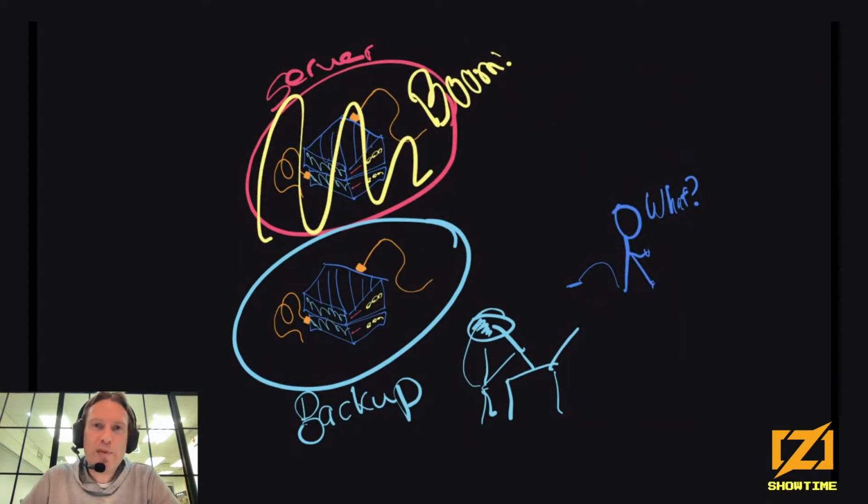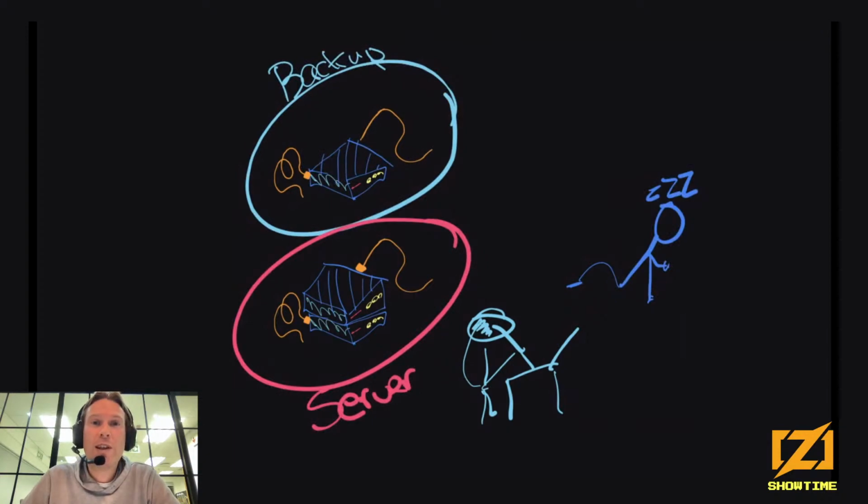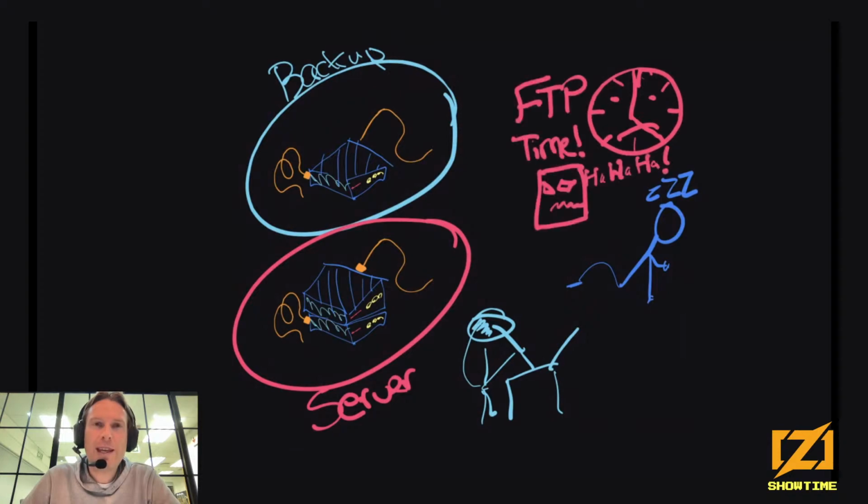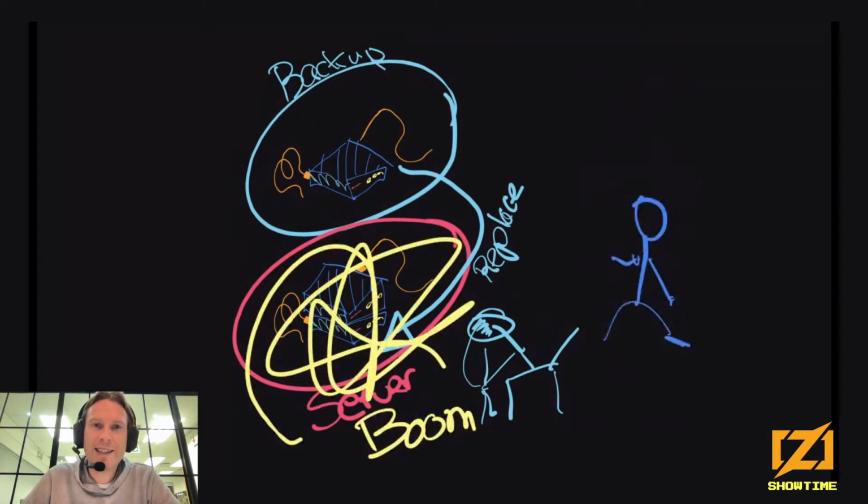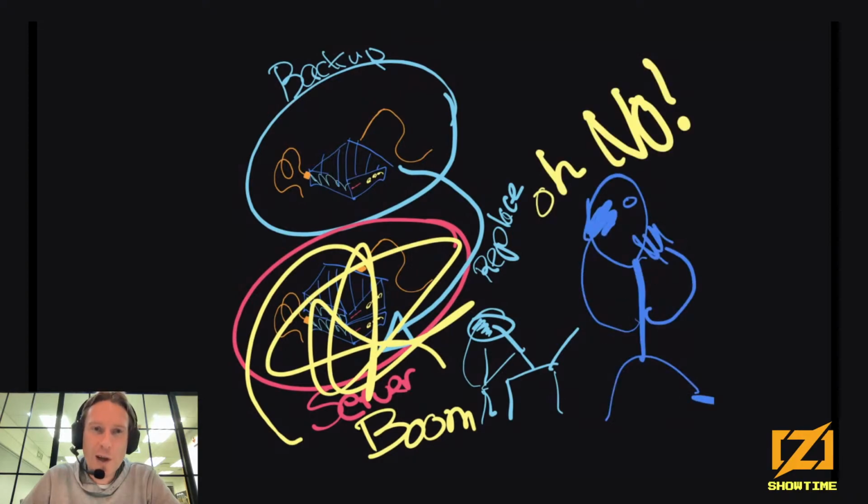Then swap the phone lines to promote the backup to be the primary and swap the FTP job around before going back to sleep. Before the clock would strike the next hour, the FTP job would run again and replace the data on the primary server with yet more stale data and crash the primary and wake technician number 1 again, who would then wake technician number 2 with his shout of, "Oh no."